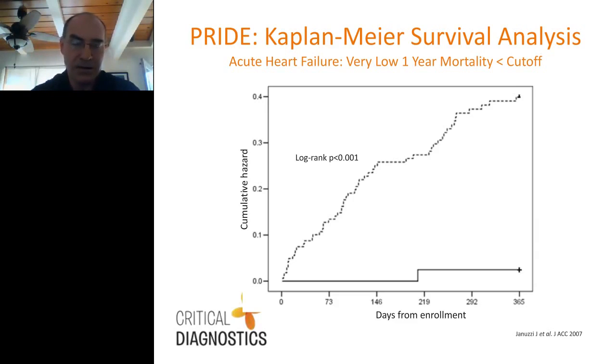So they were sick enough to go to the emergency room, they already had underlying disease, but if their ST2 concentration was low and they received therapy, their risk of mortality over the year was very low. Again, only one patient died. By contrast, if their ST2 concentration was modestly elevated or maybe even significantly elevated, now they had a much, much higher risk of mortality, and in many cases very rapidly.